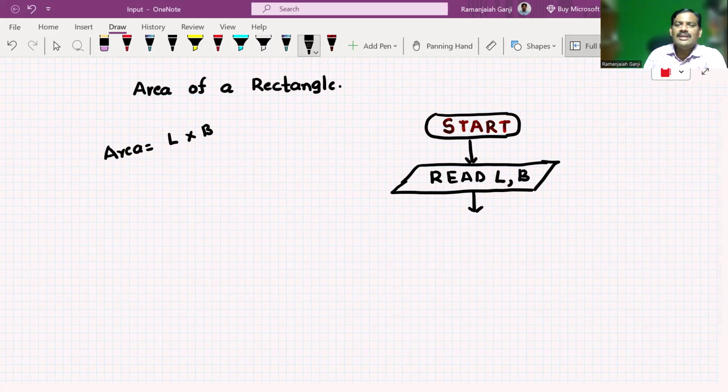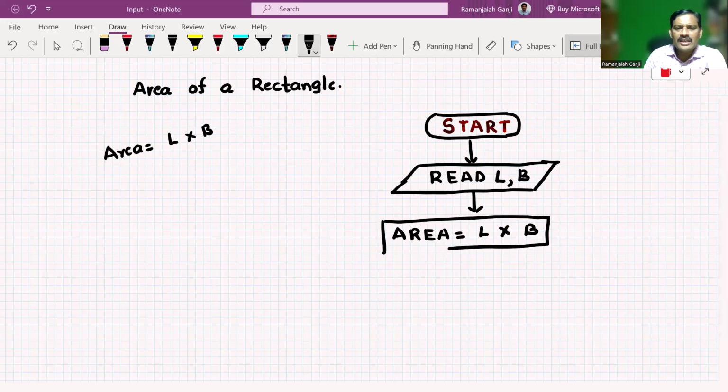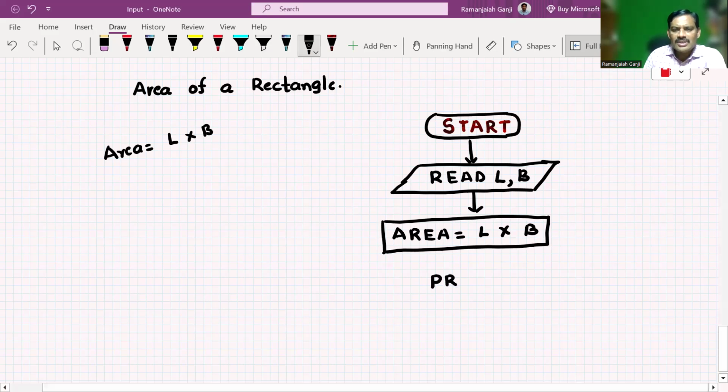What is the next statement? You have to calculate area. Area is equal to L into B. I am computing L into B. Once its work is over, I have to print area.